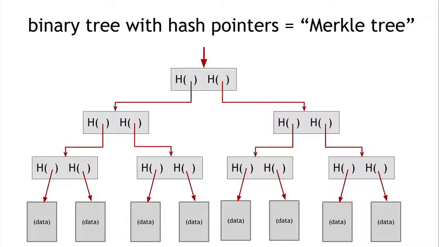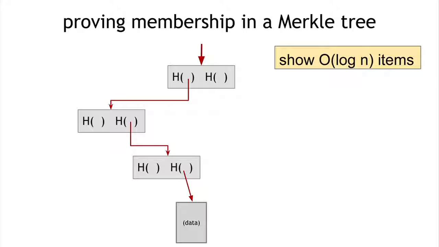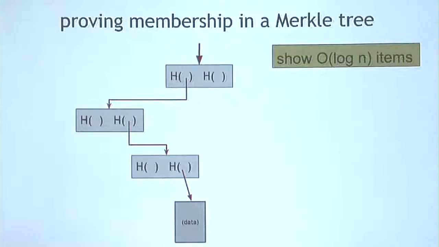Now, another nice feature about Merkle trees is that unlike the blockchain that we built before, if someone wants to prove to us that a particular data block is a member of this Merkle tree, all they need to show us is this amount of data. So if we remember just the root, and someone wants to convince us that this block is in the Merkle tree, they need to show us this block, and we can verify that the hash matches up.